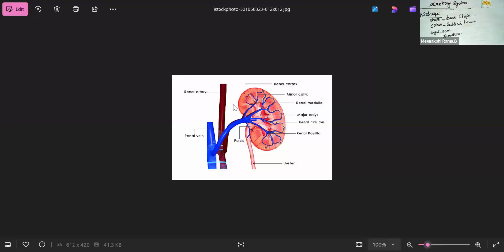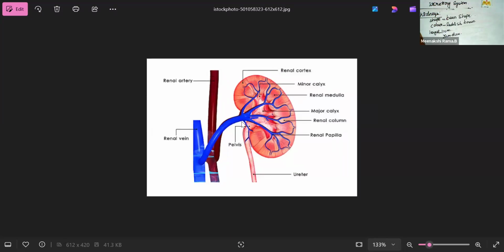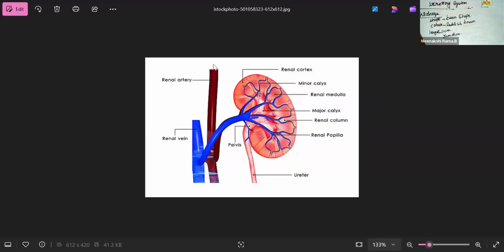The color is reddish brown. This part is the renal artery, renal vein, and the pelvis part. This is the ureter, the part that contains the outlet of urine.